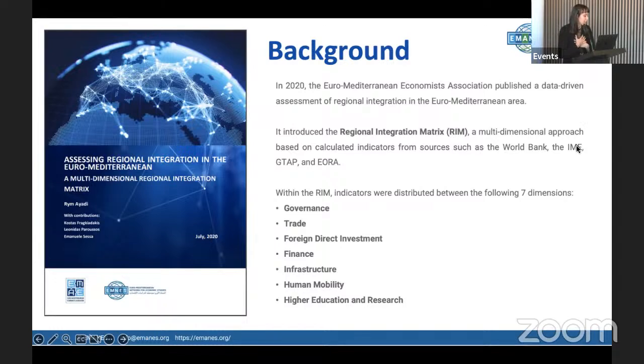This was essentially a collection of dimensions for which we found indicators to measure different aspects of regional integration that we viewed as important. The original dimensions in the first iteration of the regional integration matrix were governance, trade, foreign direct investment, finance, infrastructure, human mobility, and higher education and research.